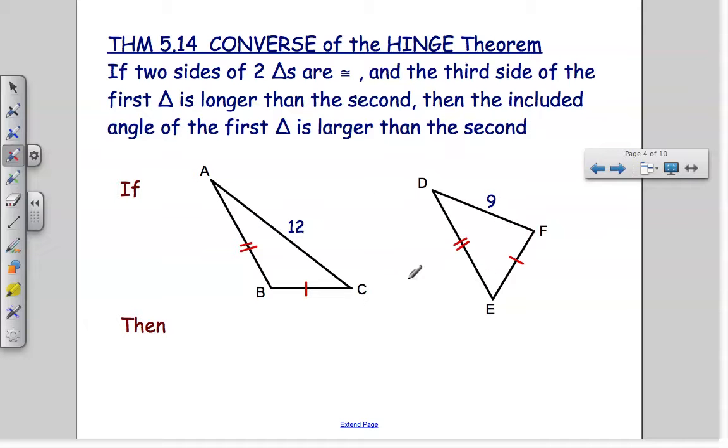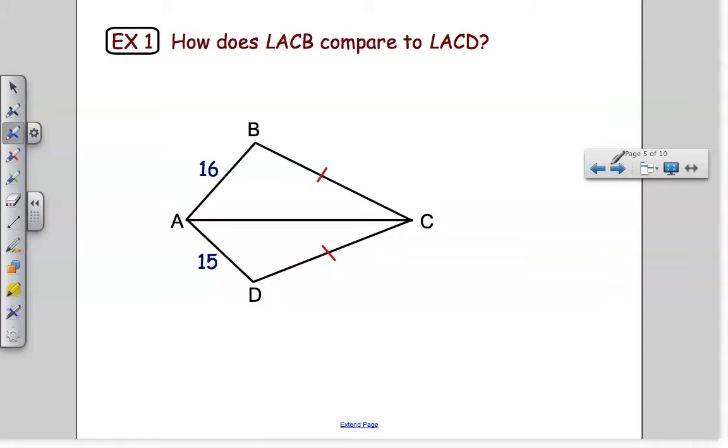So my conclusion, because I had two congruent sides, and the third side was greater than the third side here, then the angle B would have to be a larger angle than angle E, seeing that the side opposite was greater. So hinge theorem and converse of the hinge theorem, let's use that in an example here.